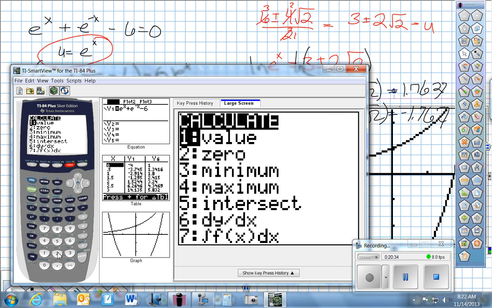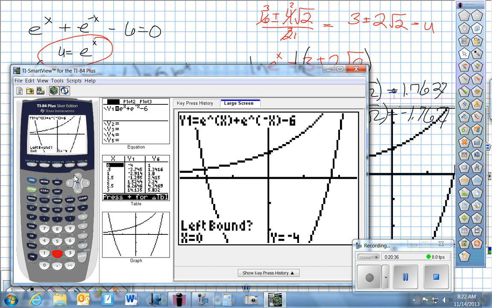Anyway, I'm going to do a calculate menu. I want to find where my zeros are, so I'm going to push 2. For my left bound, I take my arrows and wait till my cursor is around right here. I want it on the left side, which is above the x-axis.